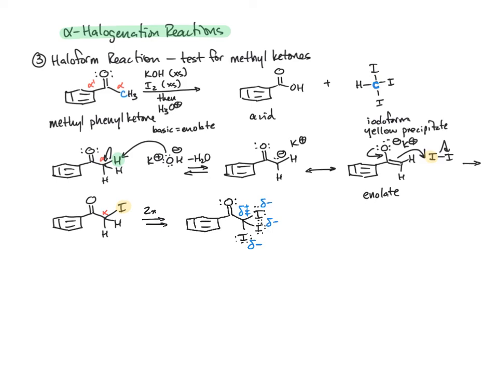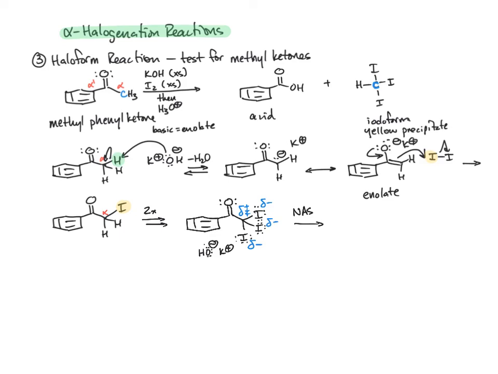So what that is doing is withdrawing electron density from that CC sigma bond, and because we are in the presence of excess hydroxide, this next reaction is a nucleophilic acyl substitution. So again, we've seen that mechanism before.